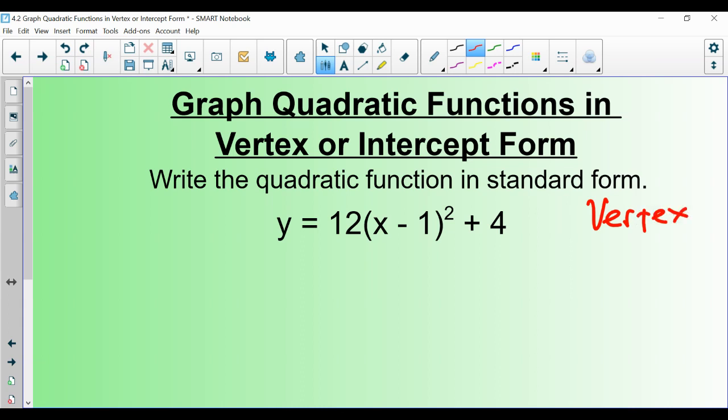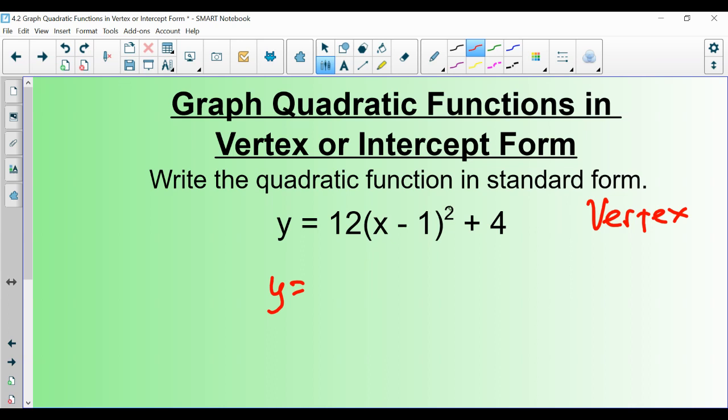Now, with vertex form, there's like one additional step, that's all. This exponent here, what students really like to do that is completely 100% incorrect is to take this exponent, I'm even scared to write this. They take this exponent and apply it to both things inside the parentheses. Okay, that is 100% the wrong way to deal with an exponent outside of parentheses.